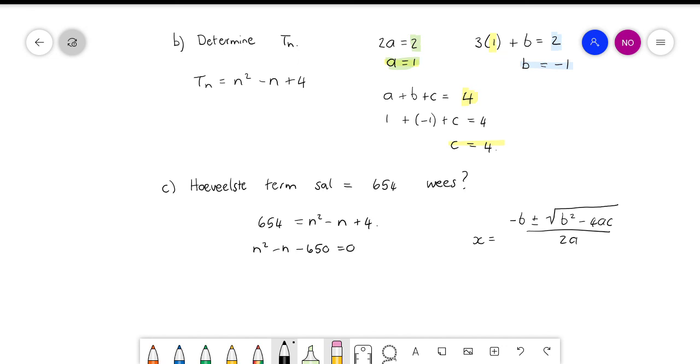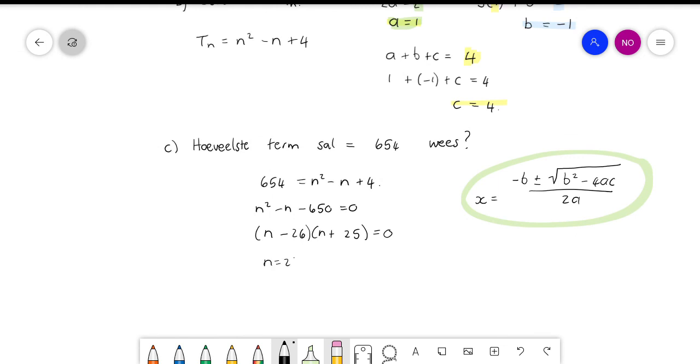Okay, so you can use that, or you could have said that. Why can n not be negative? It's a position, né? So omdat dit 'n posisie is, moet hy 'n positiewe heel getal wees.